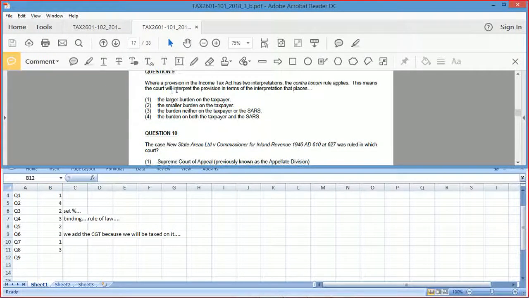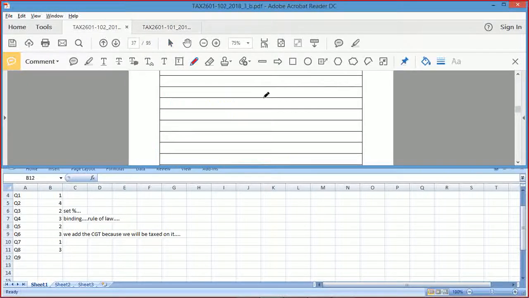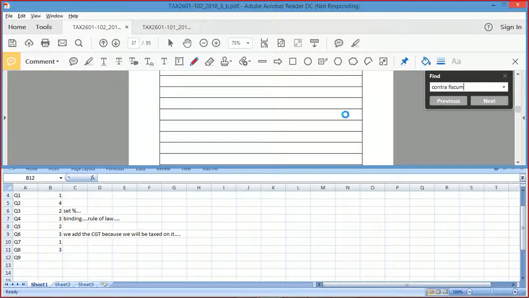Right, number 9. Where a provision in the Income Tax Act has 2 interpretations, the contra fiscum rule applies. This means the court will interpret the provisions in terms of the interpretation that places. We're going to have to find this. Contra fiscum. Let's search here. They've asked some really detailed tax questions here in terms of Latin terms that relate to the legislation.